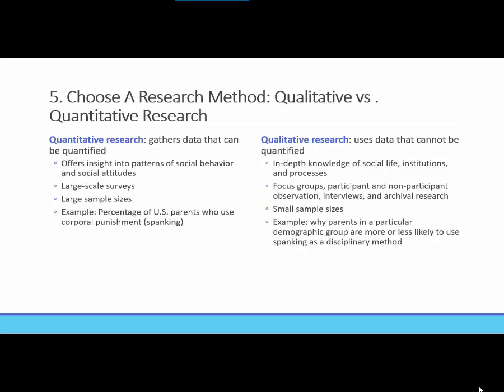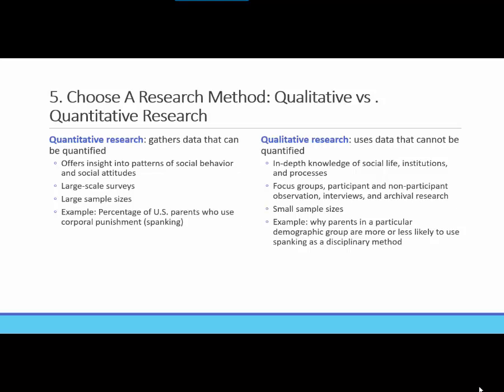Because of this, it is harder and more time consuming to collect as well as to analyze. So you have much smaller sample sizes. This type of data can take the form of a focus group, participant, non participant observation, interview, or archival research designs.